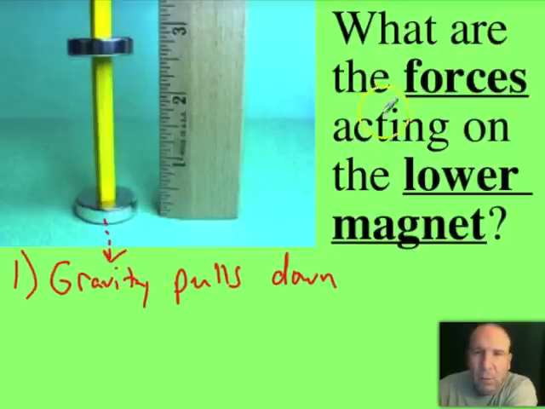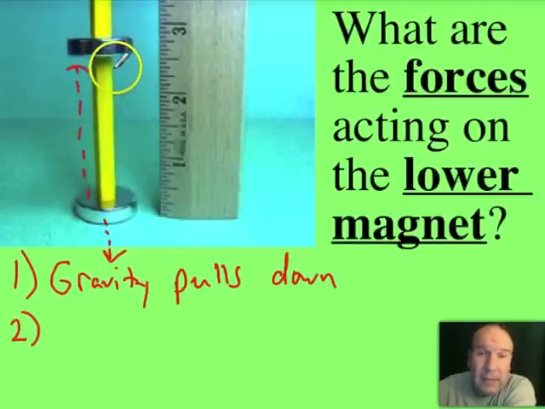Okay, so what are the other forces acting on the lower magnet? Okay, well, if we remember these magnets, you notice how this one's hovering? So this one is pushing up on this magnet, and that would be a non-contact force. It would be a force that acts at a distance. But what is this magnet doing? Is it also pushing down?